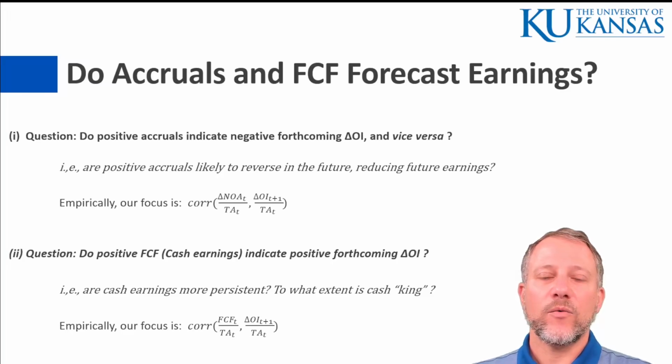And when we look at this, in terms of data, we're going to scale both of these by total assets so that we can run data on a broad sample of companies, and we can compare smaller companies to bigger companies because we're going to scale every company by its size.